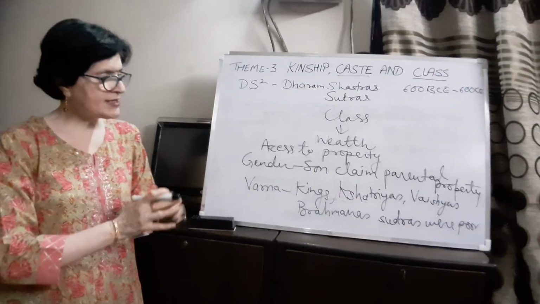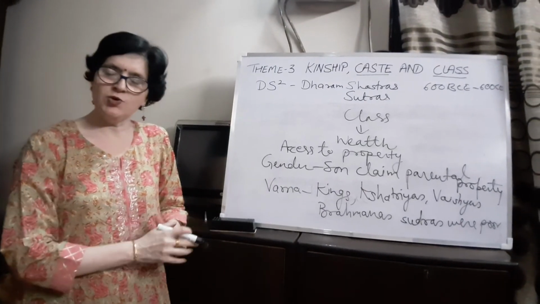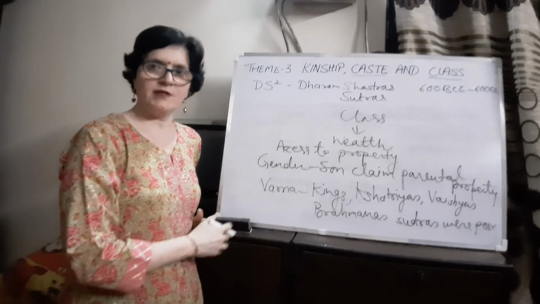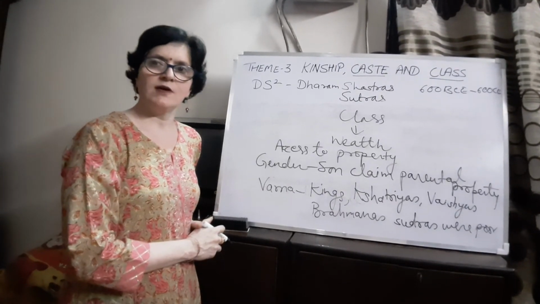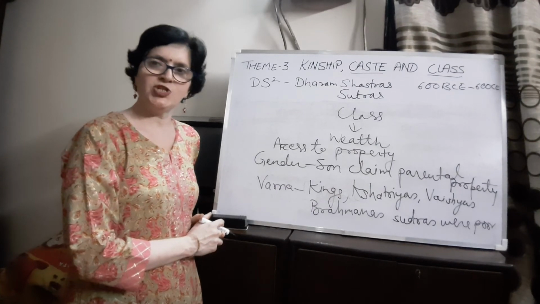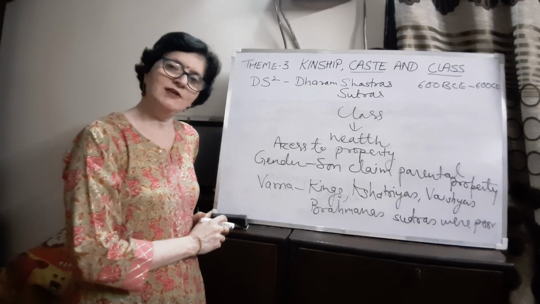I've summarized some main points in this video. I hope you can understand what is there in caste and class. For this video, I'm thankful for watching and see you in the next video.